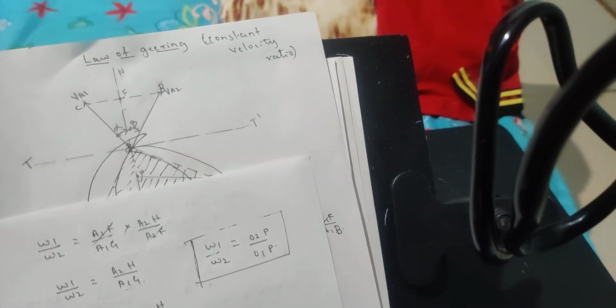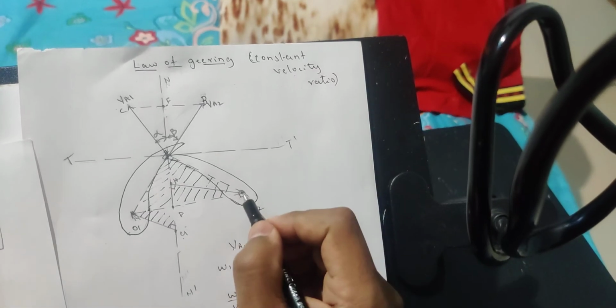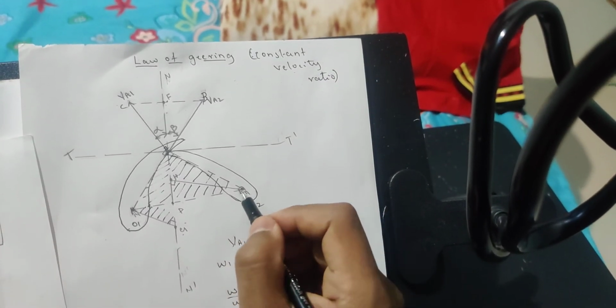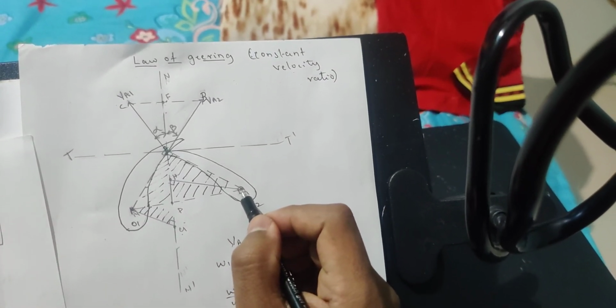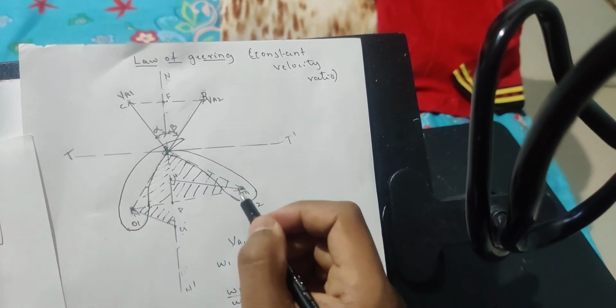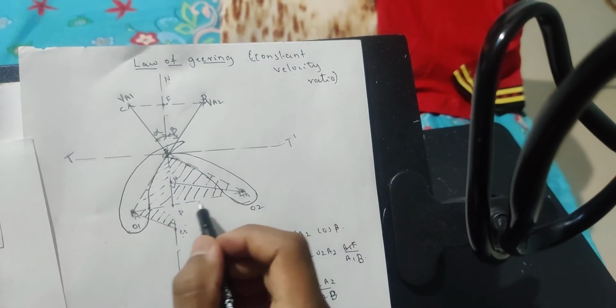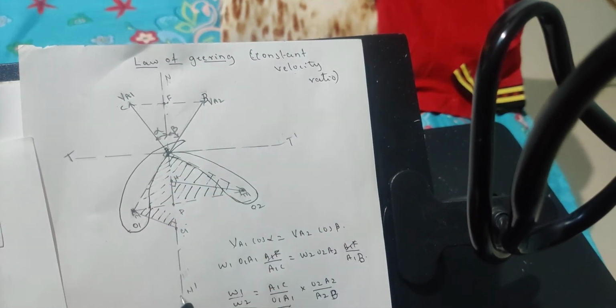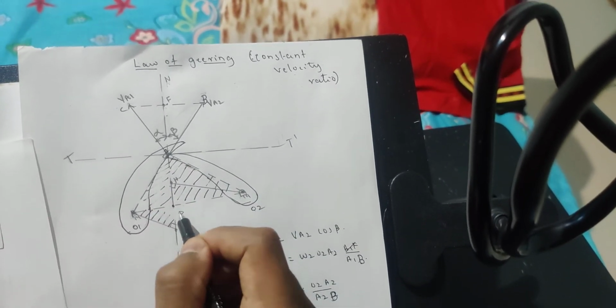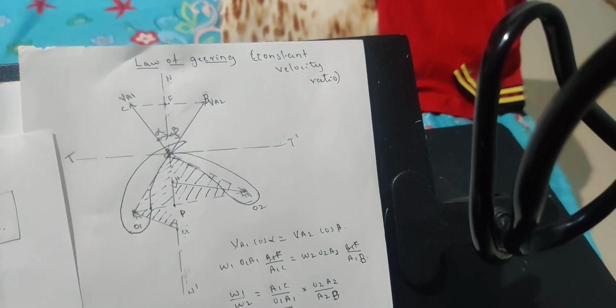What does the law of Gearing say? When I take two contact bodies and they meet at a point, their axes, whatever the axes are, will always come in contact with the normal of their contact at a point P. This point P is called the pitch point, which we have already studied.